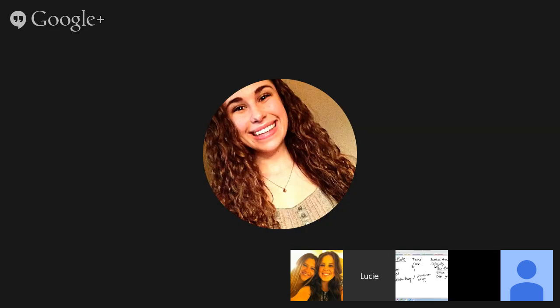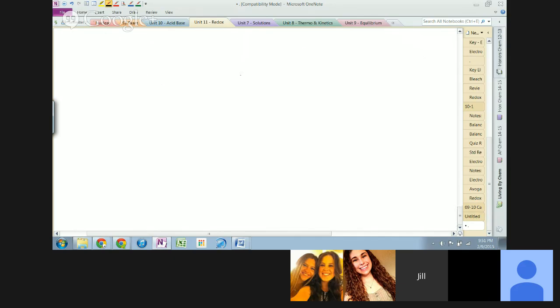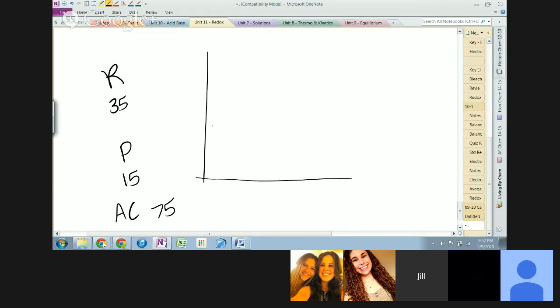Do we have to draw energy diagrams? I mean, you should be able to. If I said that the reactants had an energy of 35, the products had an energy of 15, and the activated complex had an energy of 75, you could say, okay, here's 35, that's my reactants, here's 15, that's my products. The activated complex is 75.